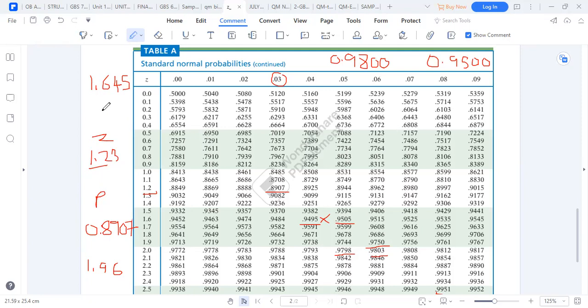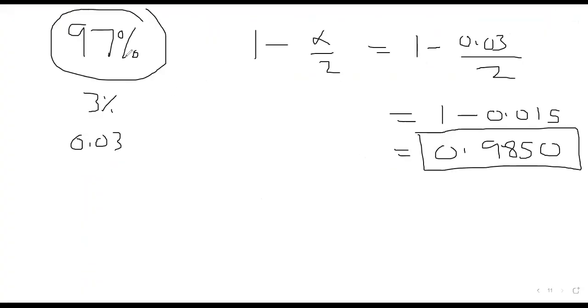Exactly, 2.17. Yes, so 97% will be 2.17. Hence our song. Let's go back to our song now.